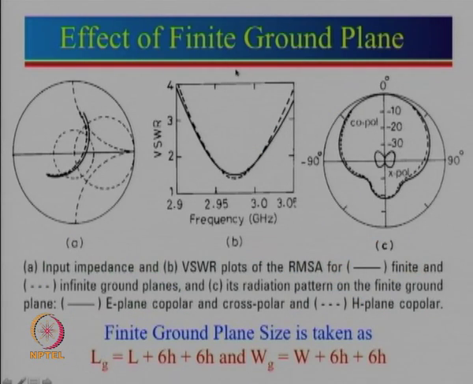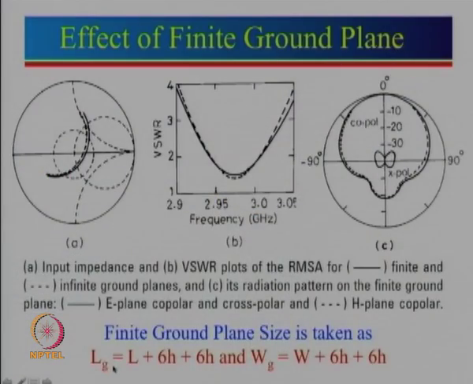Now, till now we have studied the effect of the infinite ground plane. In reality we will never take an infinite ground plane, we will always take a finite ground plane. So then the question comes, what should be the finite ground plane? We studied the effect of various ground planes, and here is the result which we have shown.